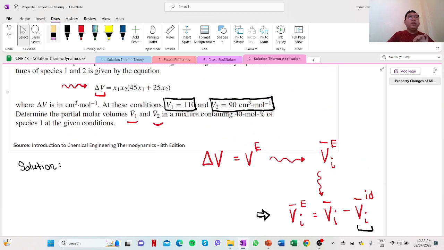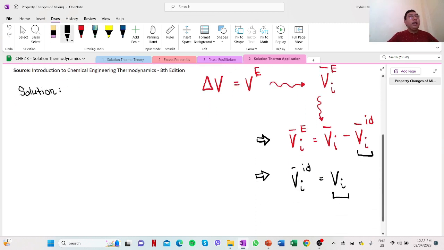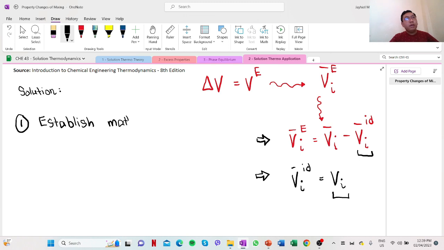Okay, so please take note of those mathematical relationships. For the meantime, I think it would be best to start with a step wherein we are going to establish the mathematical relationships. So this is purely computational. So, establish mathematical relationships.